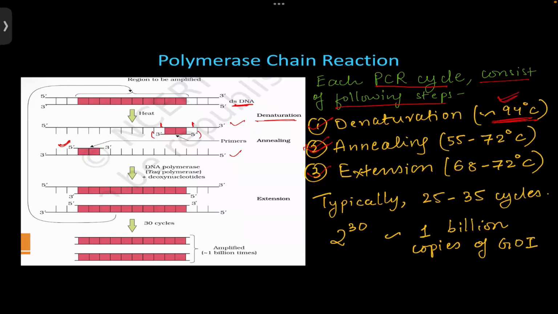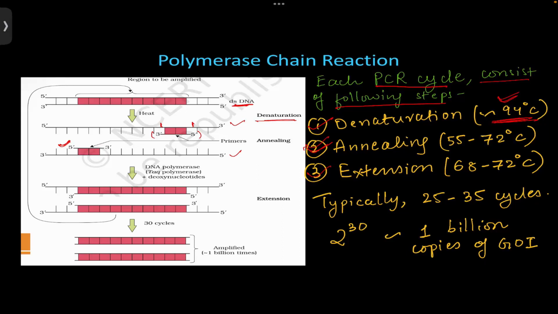So these are the two types of primers, and these primers are usually very short, like only 15 to 20 base pairs. So while making these primers, you have to look into the DNA sequence of your template DNA, or the DNA molecule that you have given for PCR amplification.